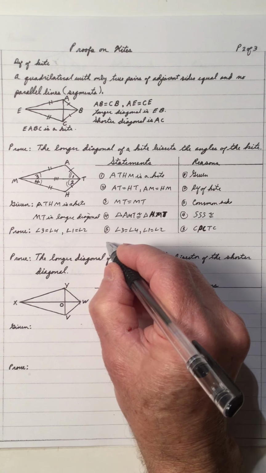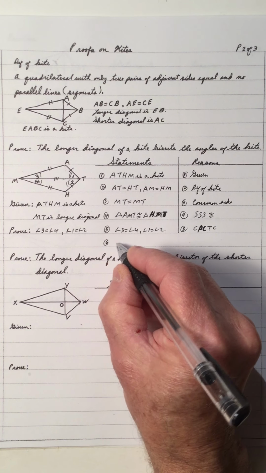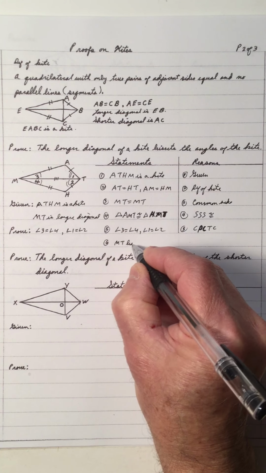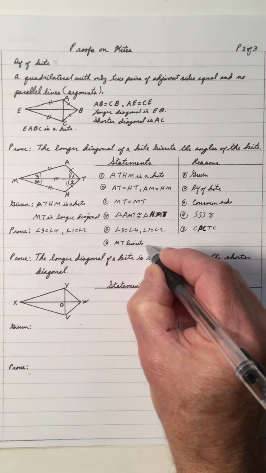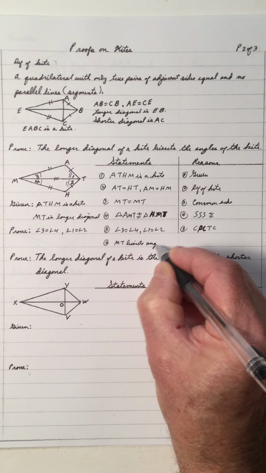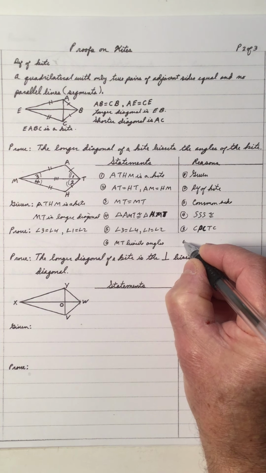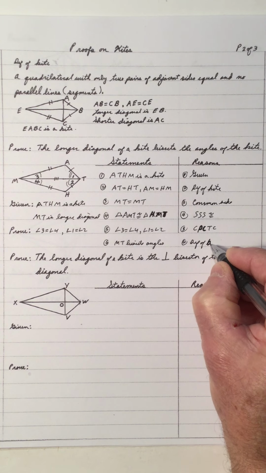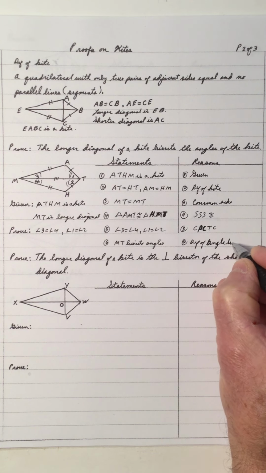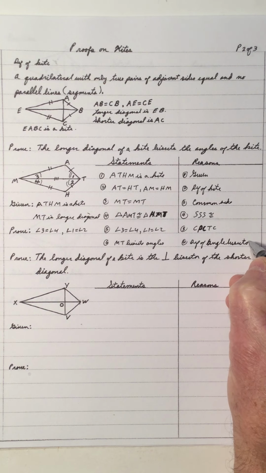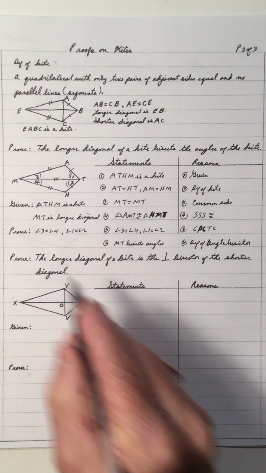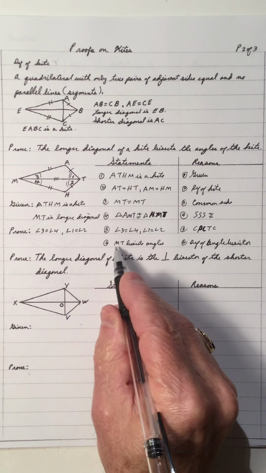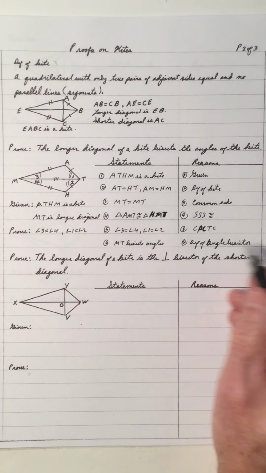So that means that MT bisects the angles, definition of an angle bisector. So we could say 3 is equal to 4, 1 is equal to 2, or we could come up with that the longer diagonal bisects the angles.